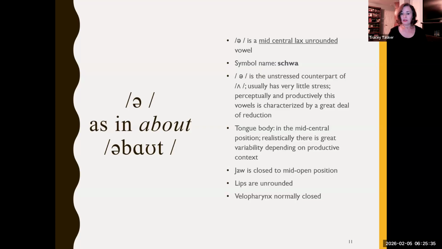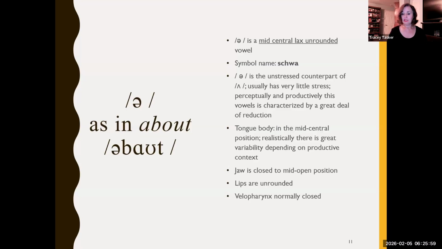So we naturally will shorten some words. The schwa is mid-central and it's lax. It's about as unstressed as you can get. It's unrounded, so this again is a sound that does not require much effort with your articulators to make.